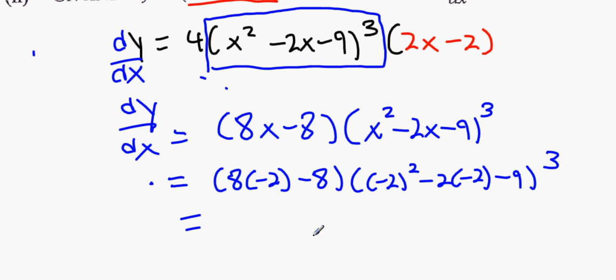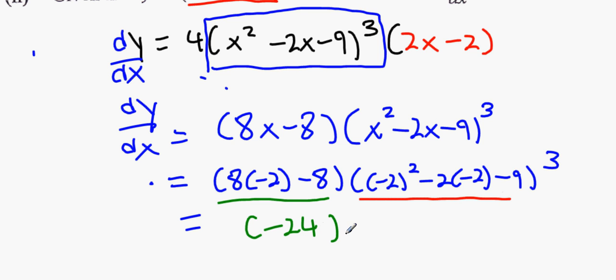This bracket here, call it the green bracket, is going to be minus 24. We call this one the red bracket. In the red bracket, we're going to get 4 plus 4 minus 9. So that's just going to be minus 1, but minus 1 cubed. Okay, and minus 1 cubed is still minus 1, so the answer is going to be plus 24.